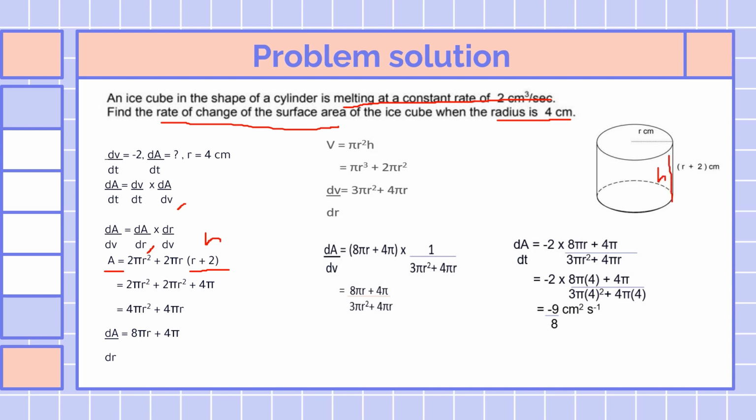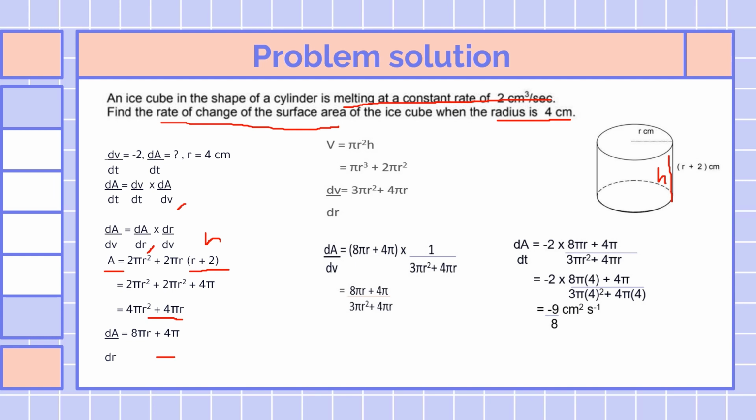We solve the formula, then we get 4 pi r power of 2 plus 4 pi r. From this formula, we differentiate it to find dA over dr. After we differentiate it, we get dA over dr is equal to 8 pi r plus 4 pi.